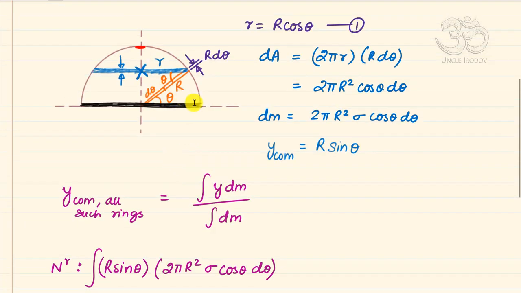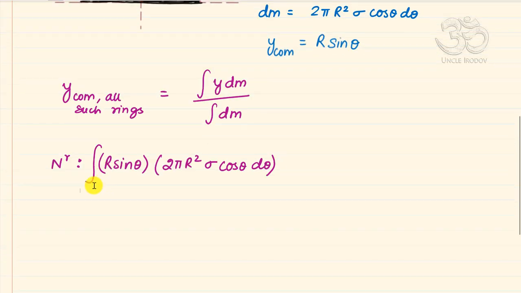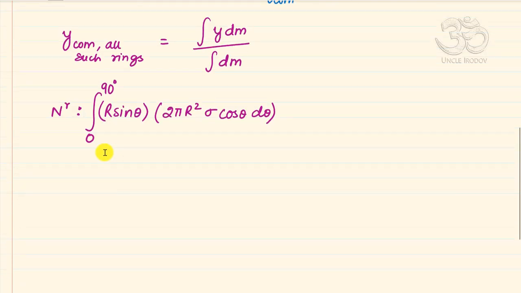As theta varies from 0 for the black equatorial ring to 90 for the red polar ring, let us say, if you think of this as a hemispherical earth. So there is 0 to 90 degrees. And how do we integrate this? Pretty simple. You will first take the constants out. So 2 pi R cube sigma goes out.